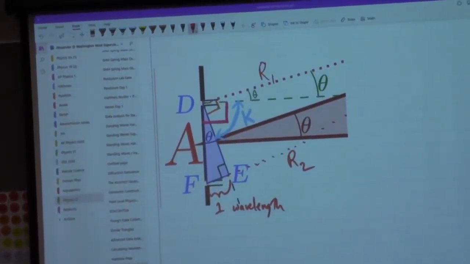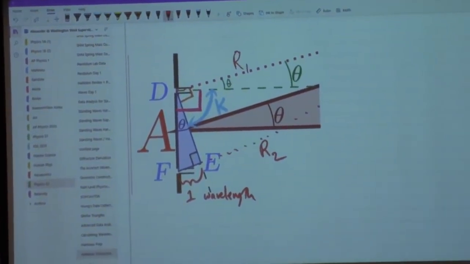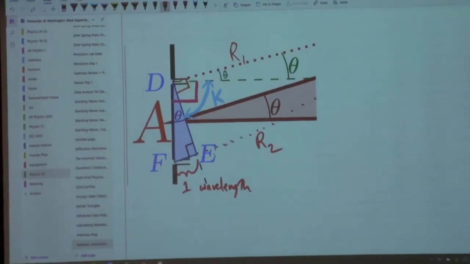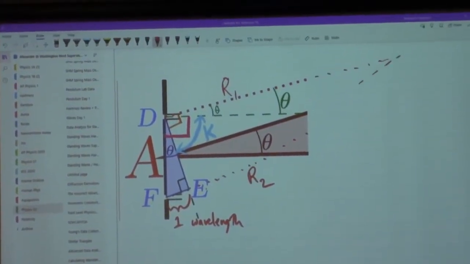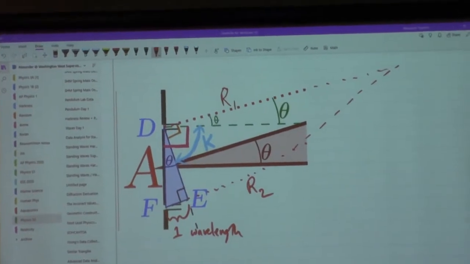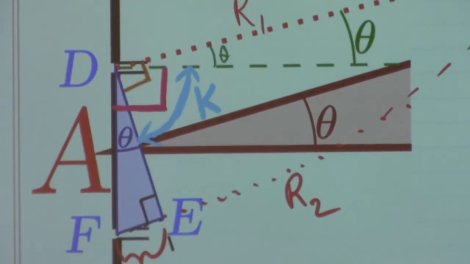R2 minus R1, and that is also equivalent to the line E to F, d sine theta, where theta is the angle.